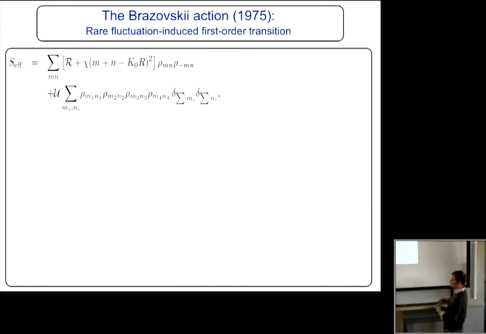The upshot of all that sophisticated field theory comes into this expression here, which is an effective action. And what's salient about it is that you can show that there is no cubic term. So the symmetry of this quadratic and fourth order action should give you a second order phase transition.